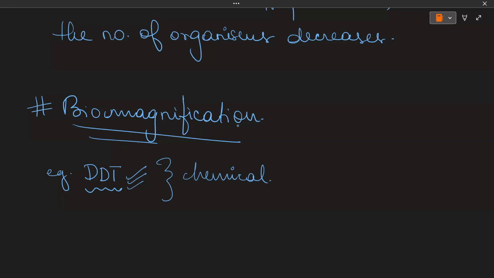It is when the chemical gets accumulated at each trophic level and does not get degraded. The nasty thing about these chemicals is that, for example, whenever rice is cooked or fruits are peeled in our house, we wash them first.